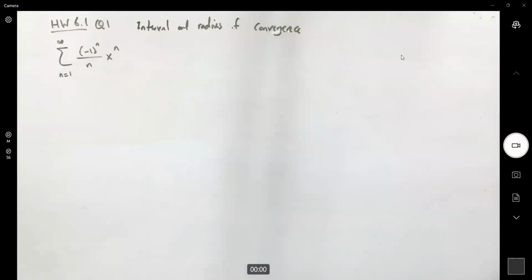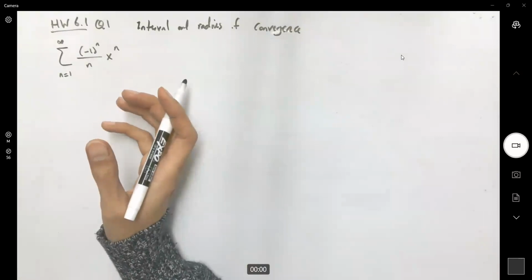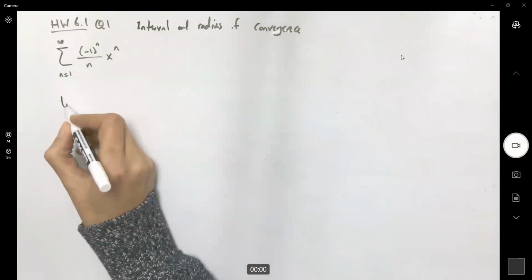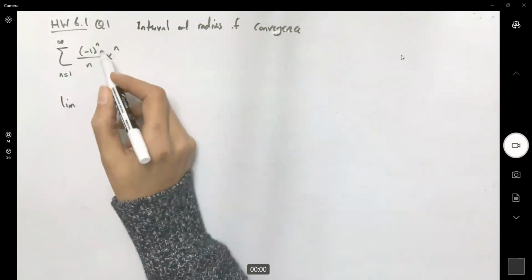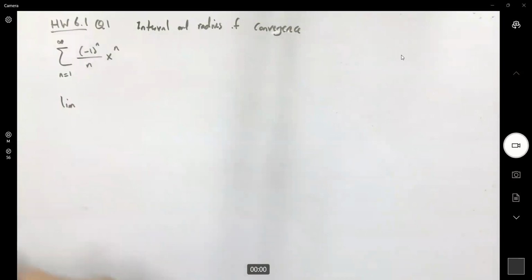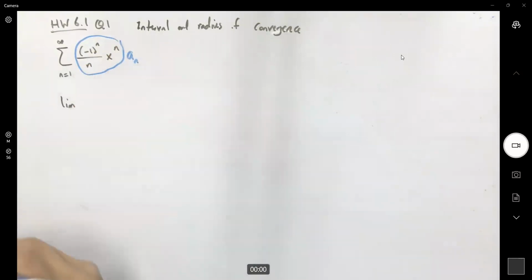First of all, remember that to find the interval and radius of convergence, we need to find a limit. So we are going back to elementary calculus. Here you have your general term, which is (-1)^n x^n divided by n. Let us call this a sub n.